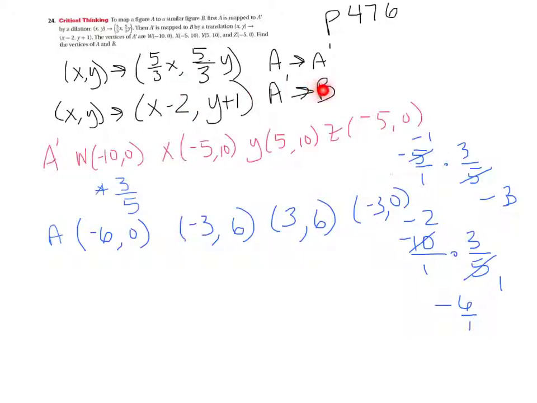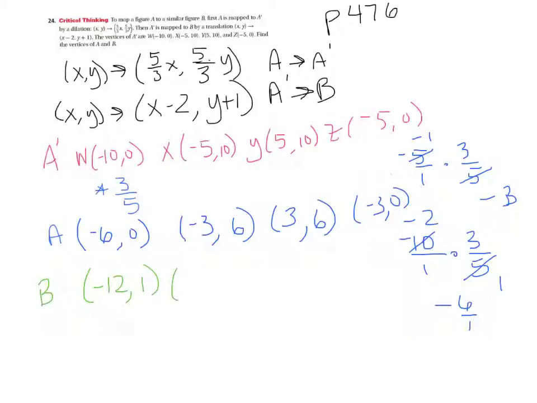Now I need to go to B from A prime. So I'm going to take every x and take away 2, and every y and add 1. Looking at this row right here, that's negative 10 minus 2, which is negative 12, and then 0 plus 1 is 1.